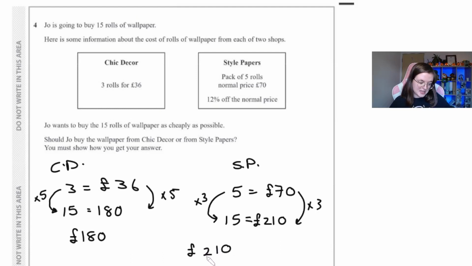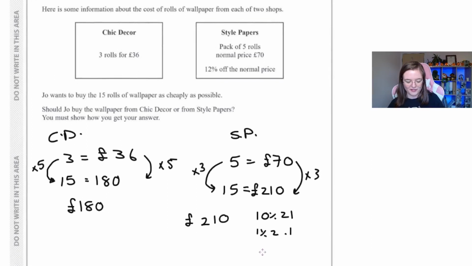So you can either times it by 0.12 and take it away, or times it by 0.88, which will take it away for you. Or you could do the classic of find 10%, which is 21, then find 1%, which is 2.1, double it to get 2%, 4.2, and then add those two together, 21 plus 4.2 to get 25.2, then take that off.